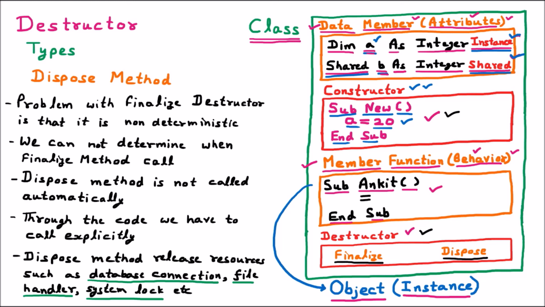The finalize is automatically called by .NET. If it is called automatically, then obviously the user doesn't have any information about the state. But the dispose method, or the dispose destructor, is called by the code and the user has complete information about when the objects are deallocated. So that is all about the destructor.